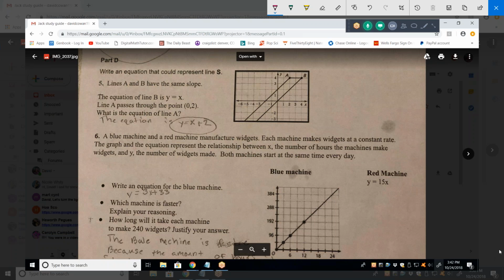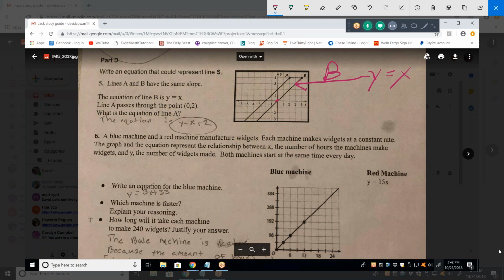I'll explain this the best I can. The equation of line B is y equals x. That is that line. Notice that it is in the form y equals mx plus b. It's just that b is 0, right? It goes through the y-intercept at 0.